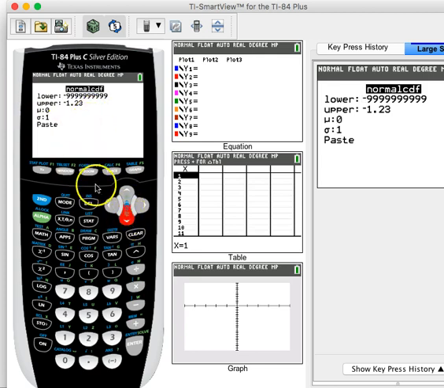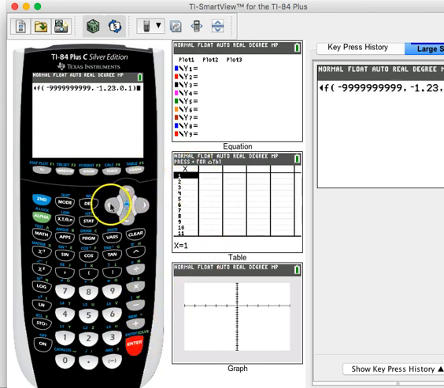So if you have the newer operating system, you can enter those prompts, press enter. If you have the older graphing calculator, again, you won't get those prompts. You'll just have to type this in yourself, the negative 9999999, comma, negative 1.23, comma, 0, comma, 1, parentheses close, and then press enter.